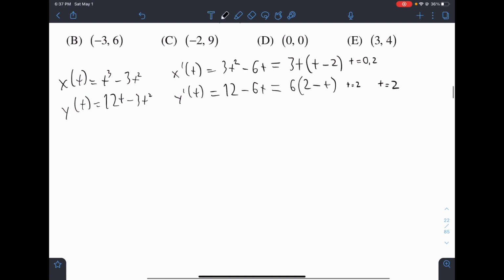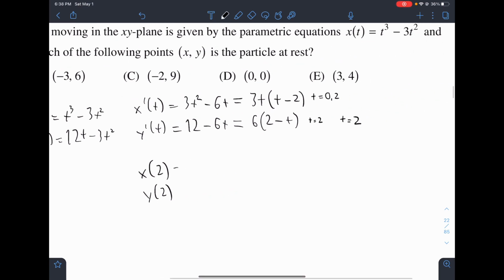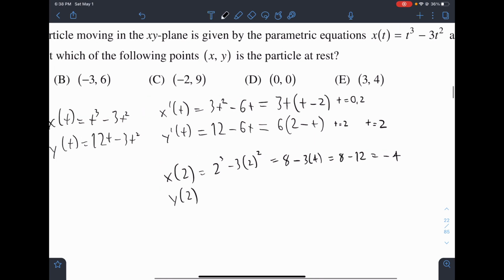So we have to find x of 2 and y of 2 and see what they are. So x of 2 equals 2 cubed minus 3 times 2 squared. So that's equal to 8 minus 3 times 4 equals 8 minus 12, which is equal to negative 4. So that's our x-coordinate.